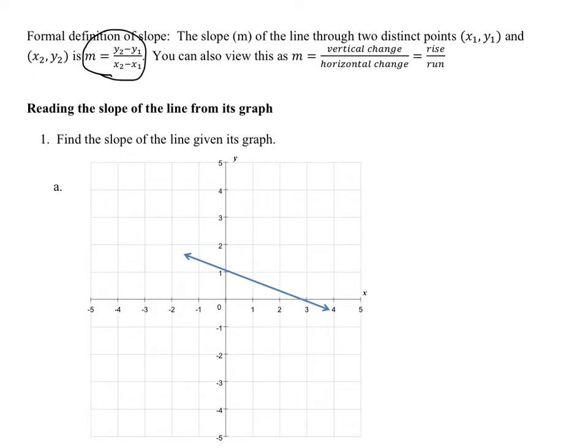Now, the first thing we're going to do is read a slope from the graph. So what I do to read the slope, I have to figure out what my vertical change is, my up or down, and then I need my right or left.